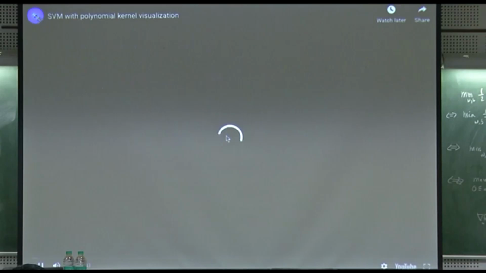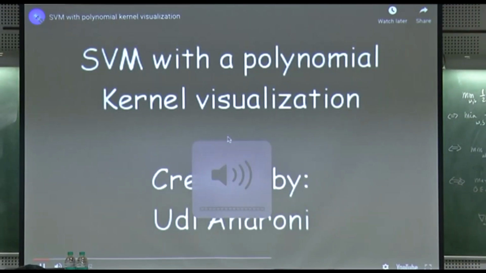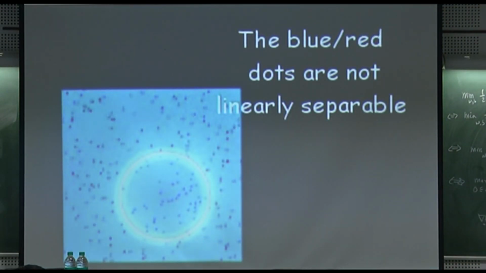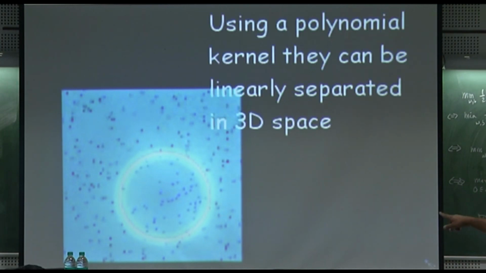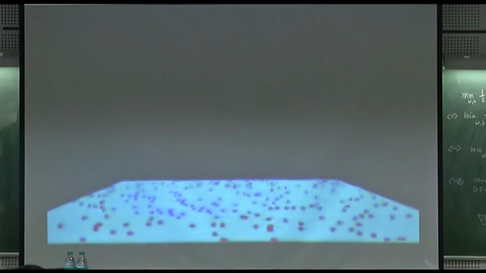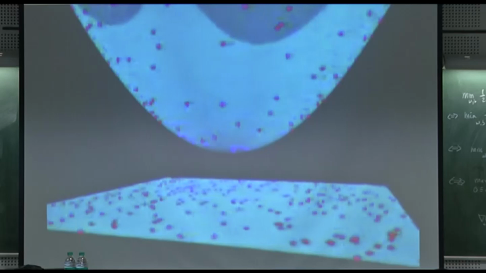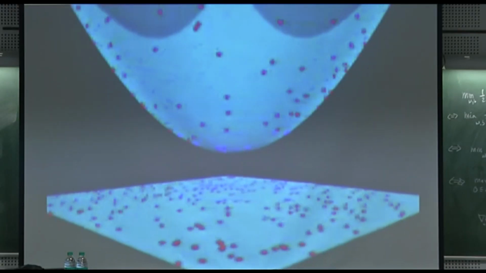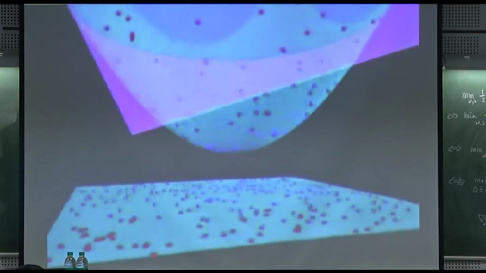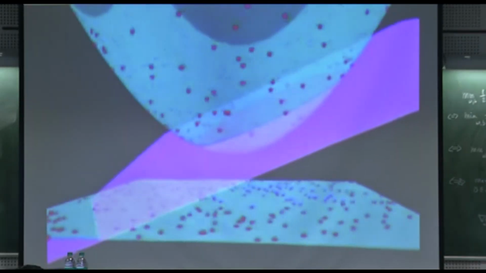Let's hope this works. These are the data points. Using a polynomial kernel, they can be linearly separated in 3D space. So what you're going to do is take these points. I'll run it again to see what happens. It's a very simple story. Look at the video and then I'll go back and tell you exactly what is going on.